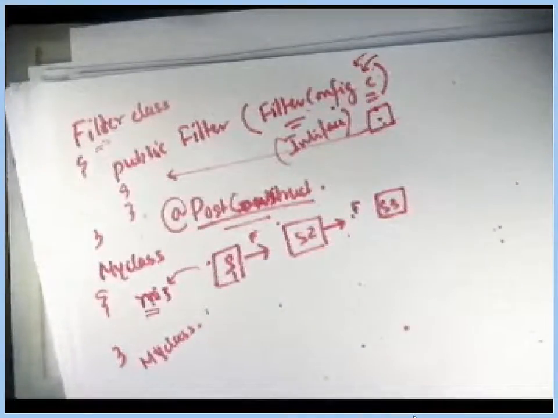Now in order to make my filter work, I need to implement two interfaces. There is something called the filter API, which is a collection of filter classes and interfaces.